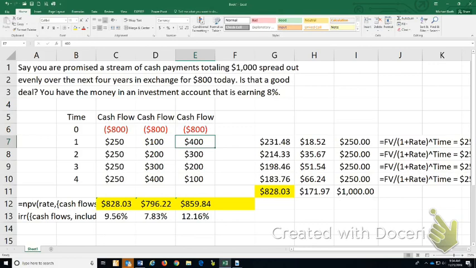So it isn't just the amount of money that you spend. Each of these 3 projects or each of these 3 opportunities cost $800. And it isn't the total amount you get back. This is $1,000, this is $1,000, this is $1,000. It's also the timing of the cash flows.